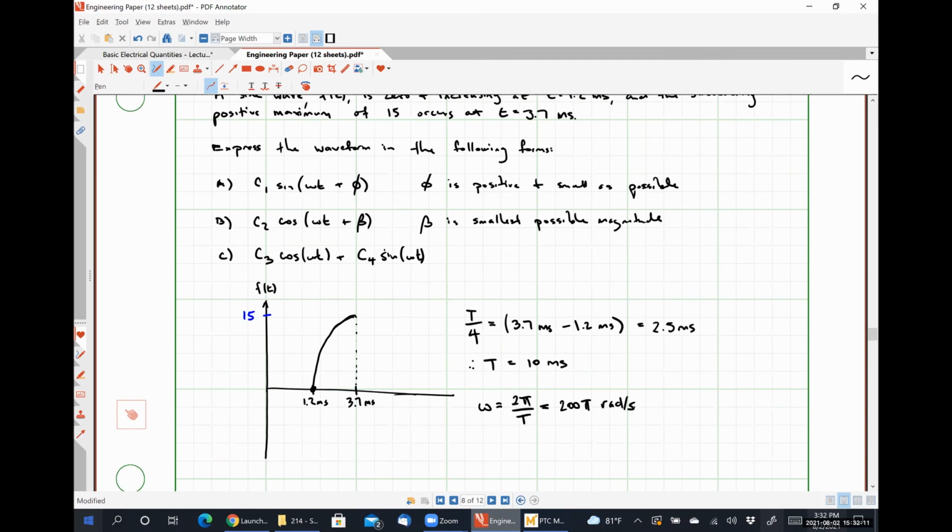So we know what C1 is. We know what omega is. Now we have to figure out what phi is.